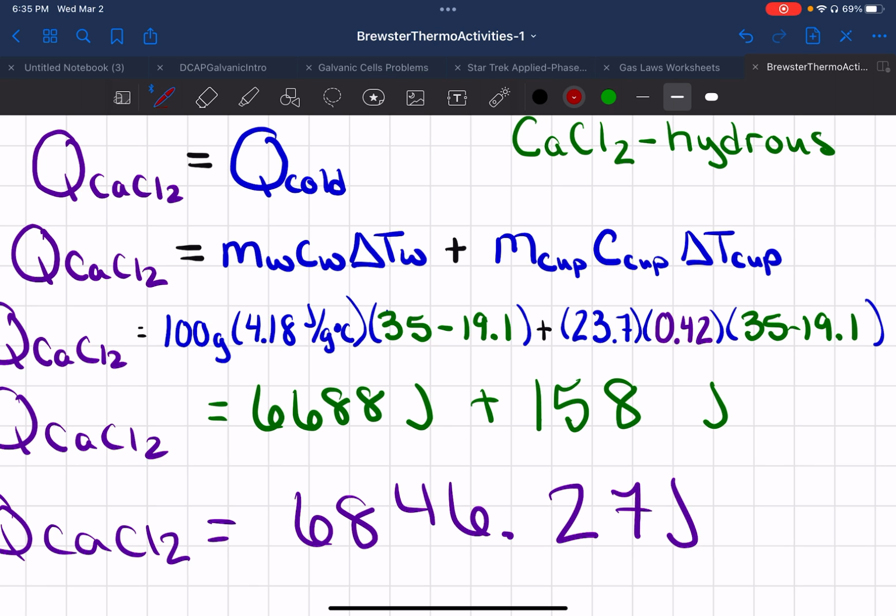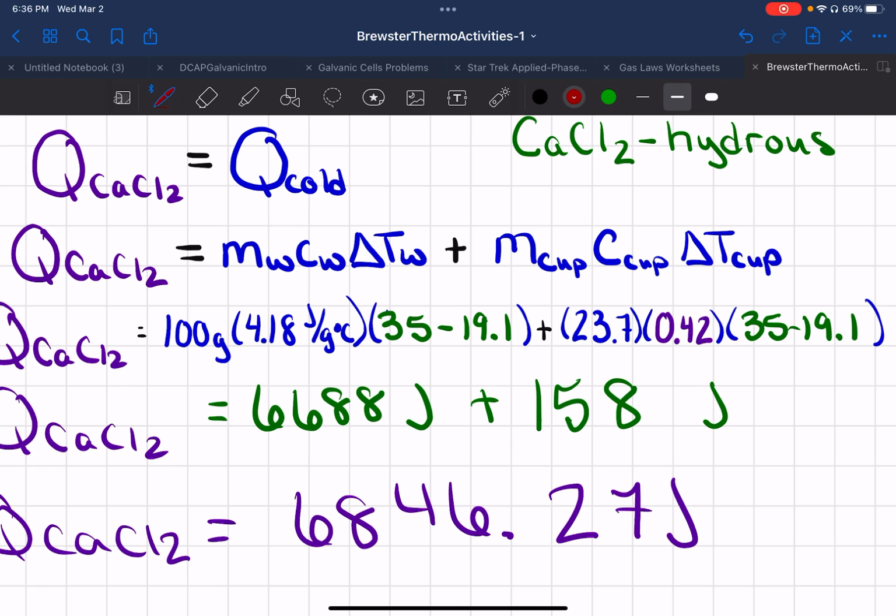All I've done is I've gone in here and I have subbed in my values, the value of the mass, the specific heat of the water, which is a set value, and then my difference between the final minus initial. Repeated with the cup's mass, specific heat of the cup, and also the delta T.